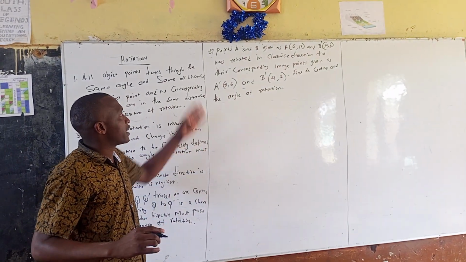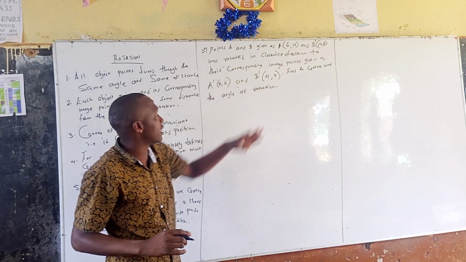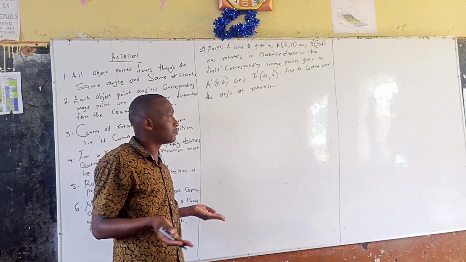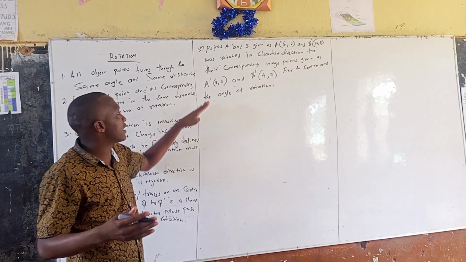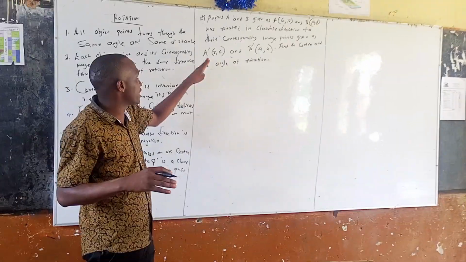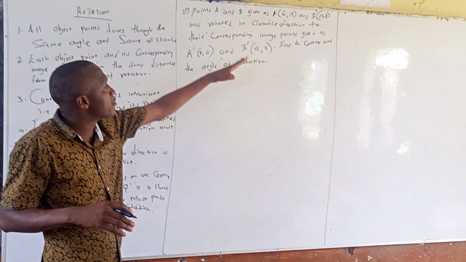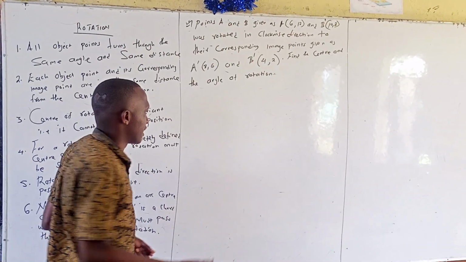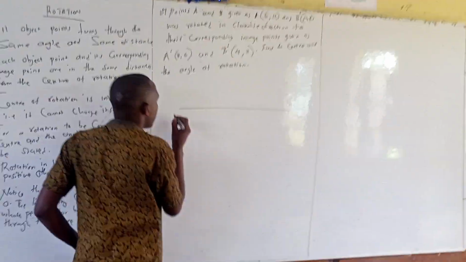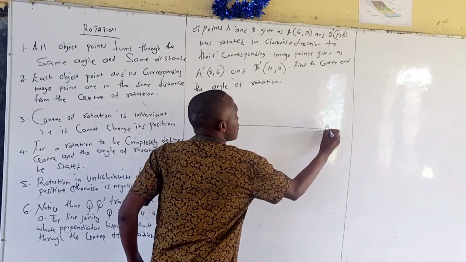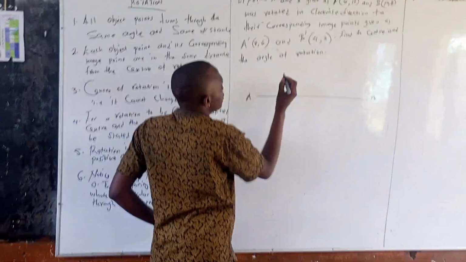So we have an object AB, with A (6, 12) and B (10, 8), rotated through a certain angle in a clockwise direction to give us their corresponding image points, A image (8, 6) and B image (4, 2). We can have a sketch like this.